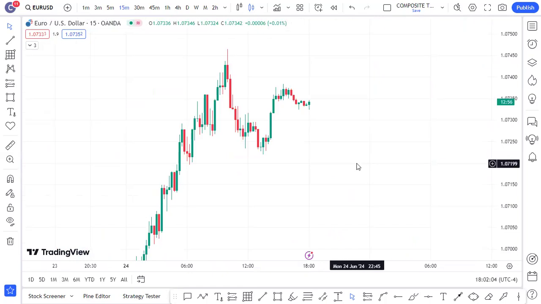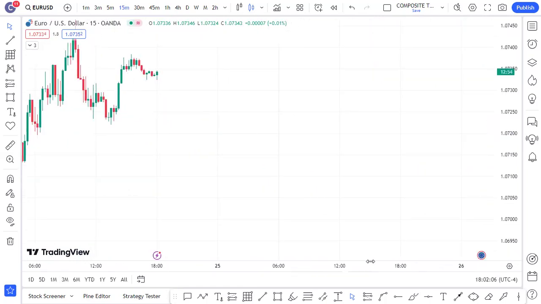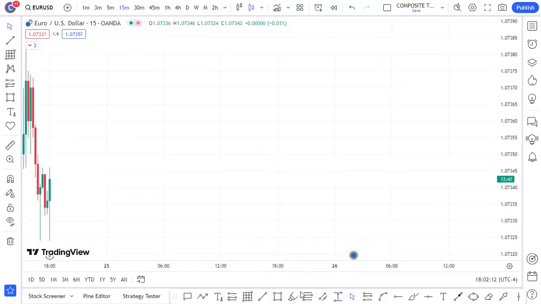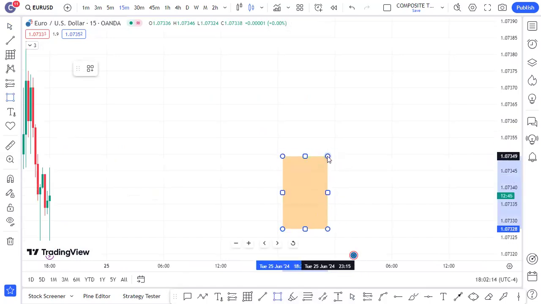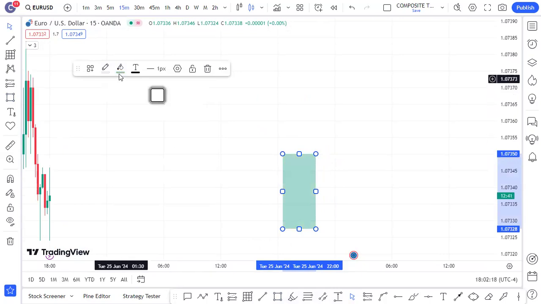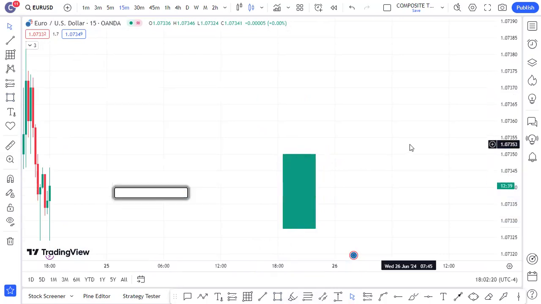Now, when we talk of imbalance, first of all, it is a space. It's a space between three candles. For example, if you have your candles there, allow me to take some few minutes to create something here.